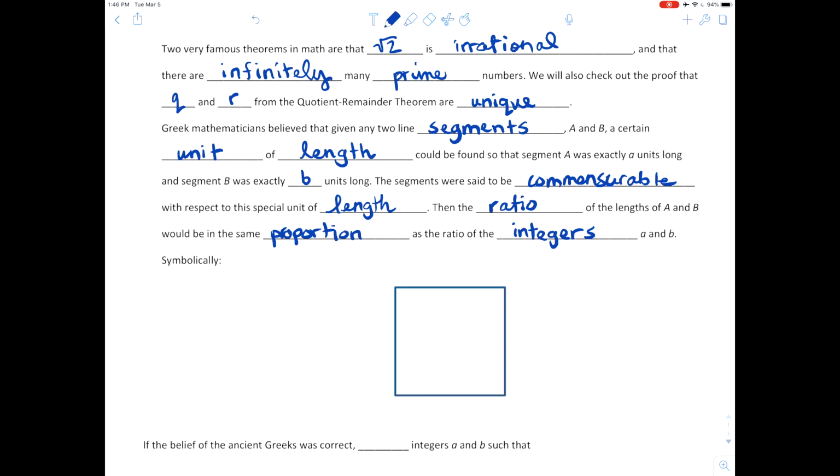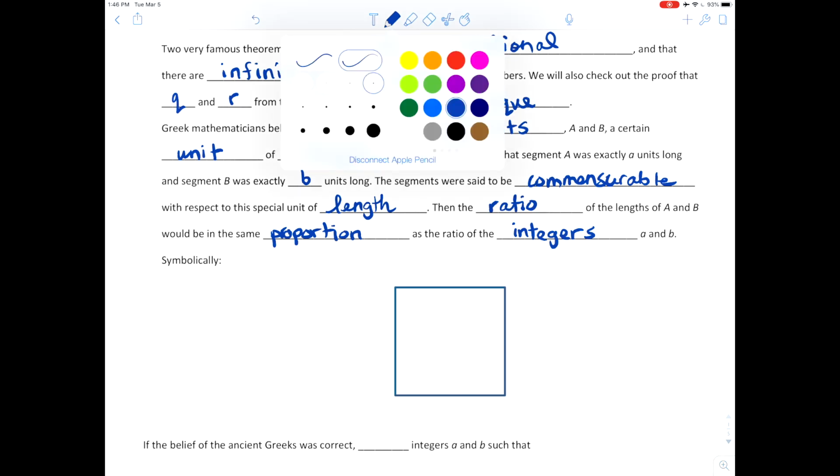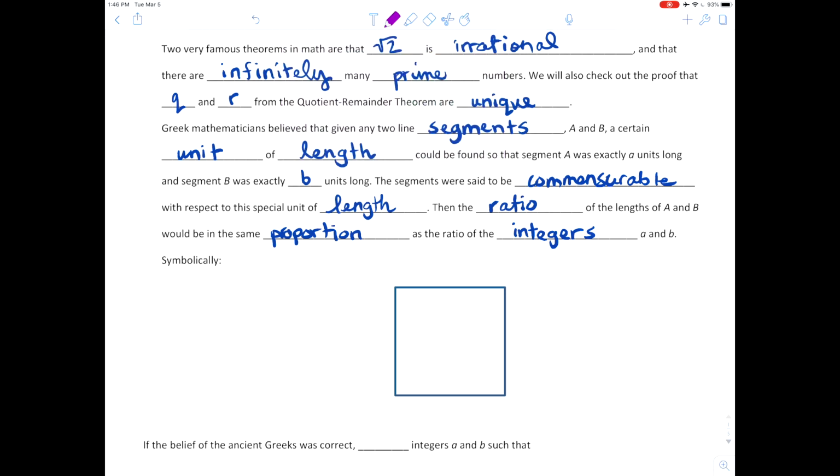So here, just writing it in some other notation, what they were saying is that the length of segment A over the length of segment B would be in proportion to these integers A over B.